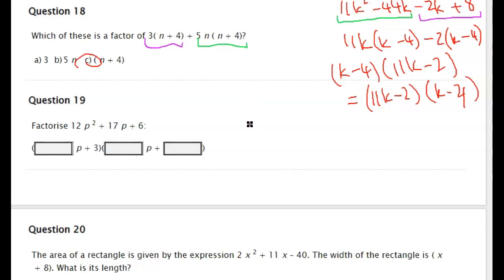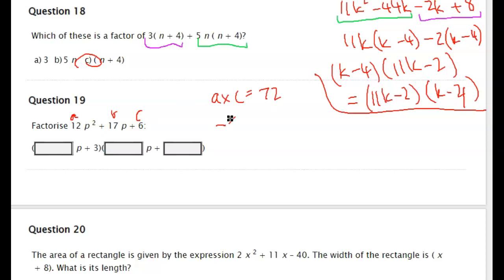All right, question 19, factorize. So similar to what we did here. The good thing is they've given us part of the question, which might help. All right, so I'm just going to separate this so we can do the question. Now, identify your A, B, and C. So here's our A, here's our B, and our C. So the first part is doing A times C. So 12 times 6 is 72.